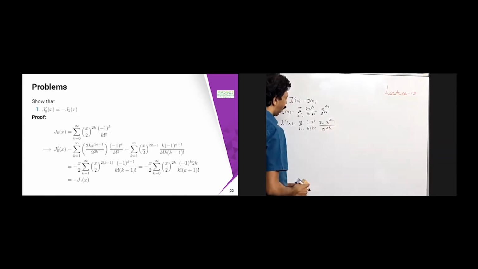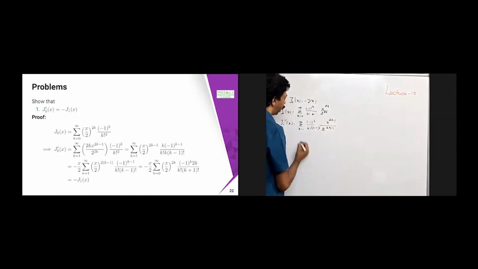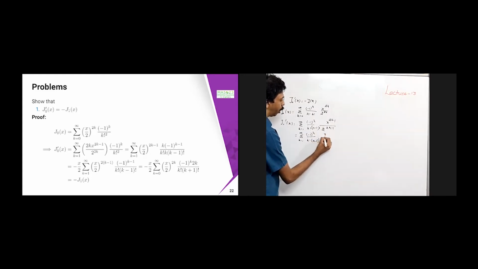One k gets cancelled, therefore this becomes k minus 1 factorial, and this 2 also cancels, giving 2k minus 1. Therefore I can write this as summation k equal to 1 to infinity, minus 1 power k divided by k factorial into k minus 1 factorial, into x by 2 power 2k minus 1.